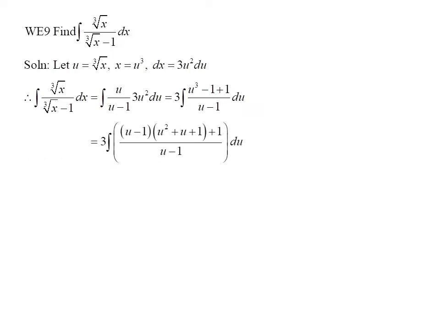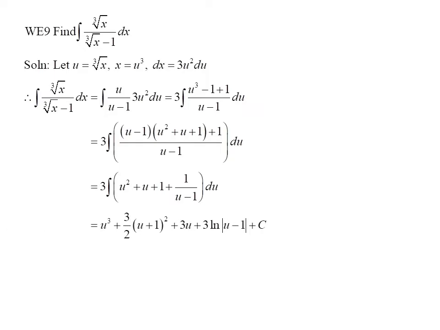Now, it can be seen that the numerator of the integrand can be factorized, and then the integrand can be further simplified. So, the antiderivative is written to 3 times the integral of u squared plus u plus 1 plus 1 over the result of u minus 1, or in parentheses, du, which equals u cubed plus 3 over 2 times u plus 1, or in parentheses, squared, plus 3u plus 3 ln of the modulus of u minus 1 plus c.